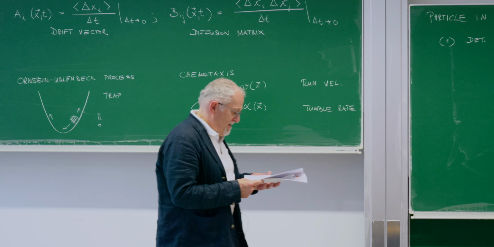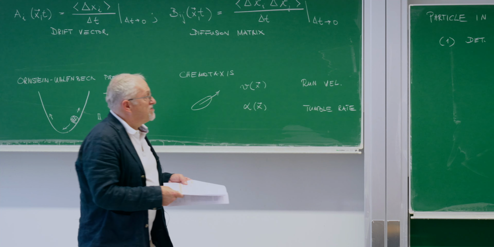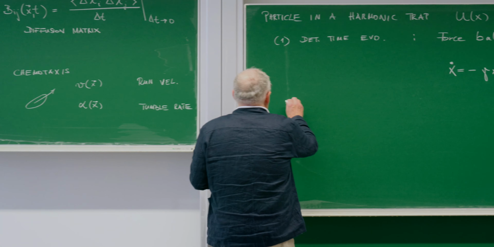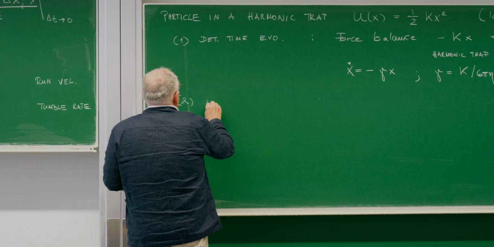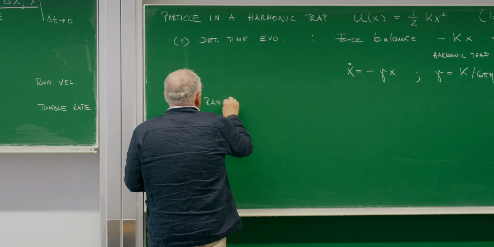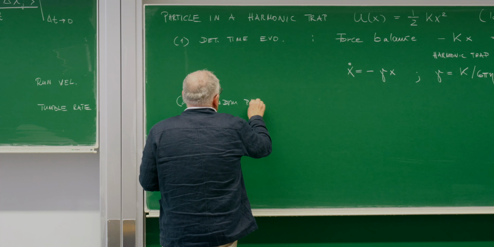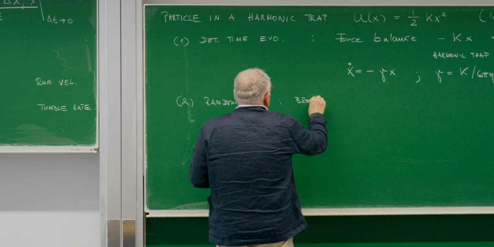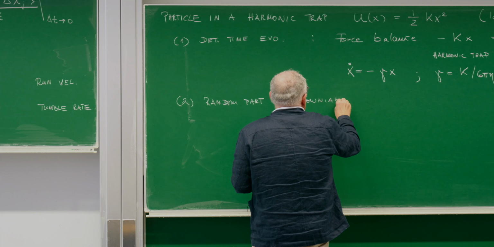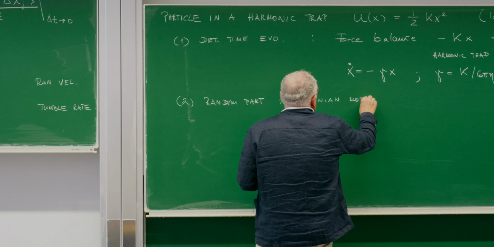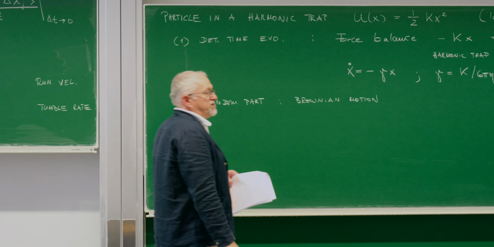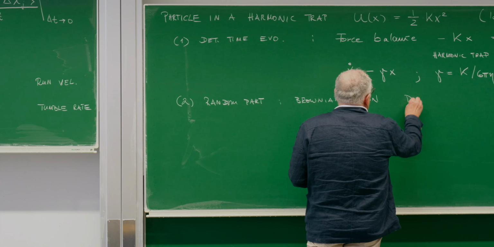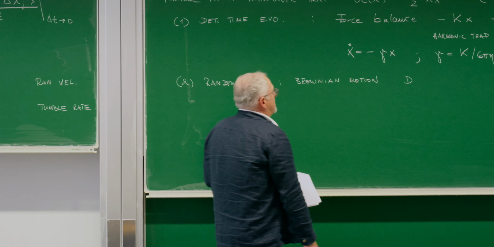So that can't be quite right as a description for the system. What we need to look at also is the random part. For that, we just assume we have Brownian motion on top of the deterministic motion, with a diffusion coefficient D.